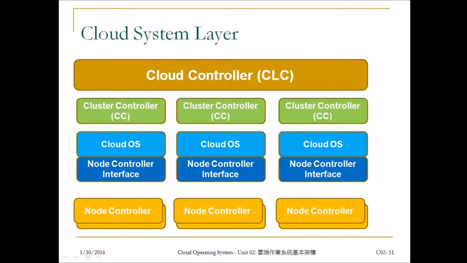Here is the architecture of the cloud system. From the top, there is the cloud controller (CLC), which provides the graphical user interface to interact with the remote client user based on the network.